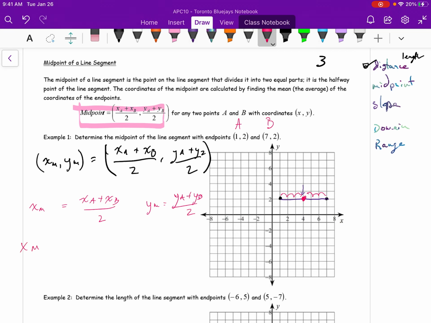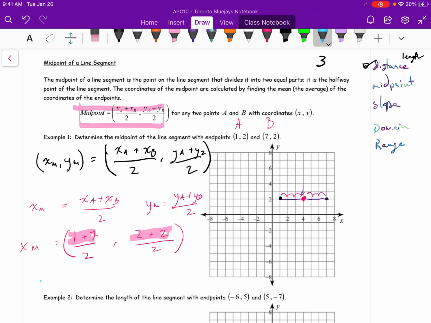So my x midpoint: XA is 1, XB is 7, and I divide that by 2. My YA is 2, my YB is 2, and I divide that by 2. Remember to follow the order of operations. That is, we must calculate the numerator before dividing by 2.